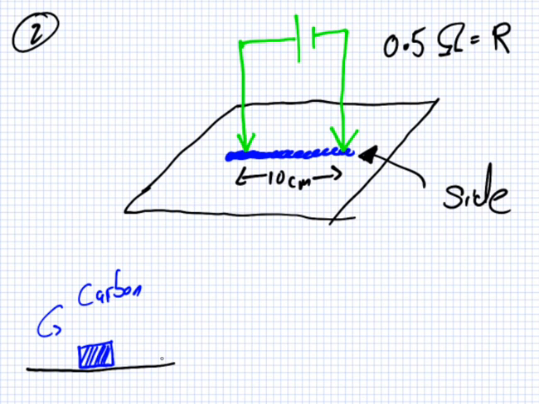Because remember what's inside your pencil? Carbon, graphite. And this is actually a good conductor. So you can draw a line on the page and run a current through it.